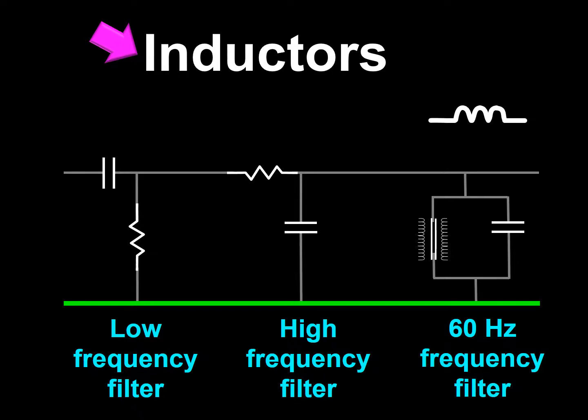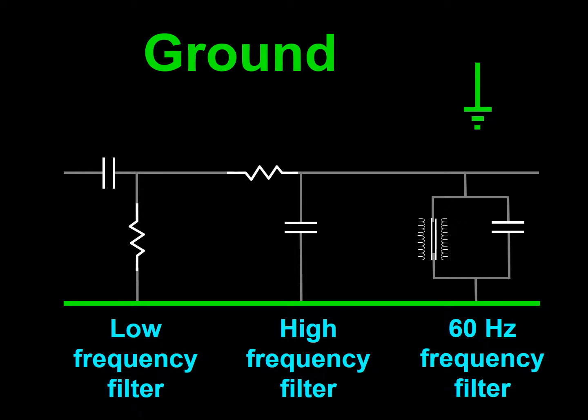Inductors are yet another component of analog filters. They are used to build 60 Hz frequency filters. And the last, but certainly not the least important component of an analog filter is the ground. The ground in this figure is represented by the green line connecting all three filters.